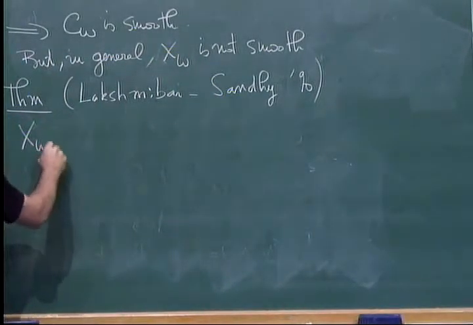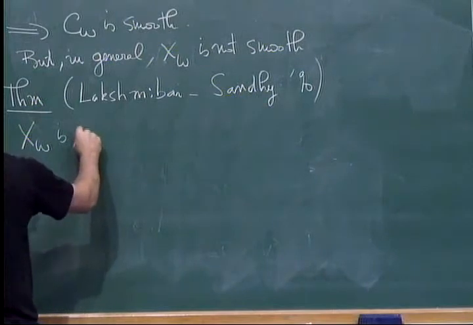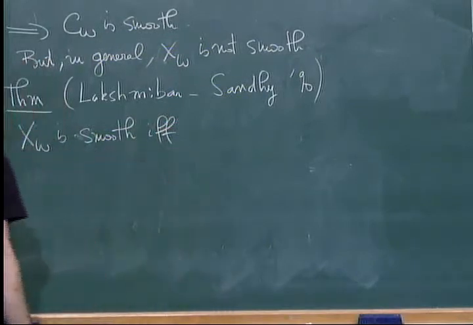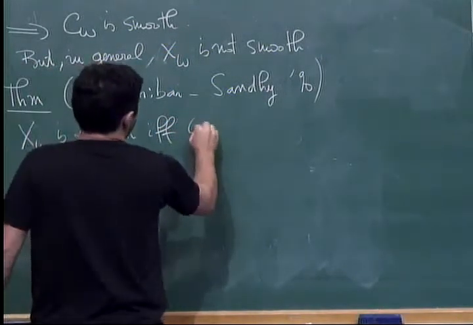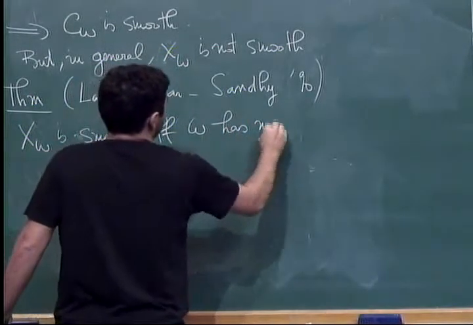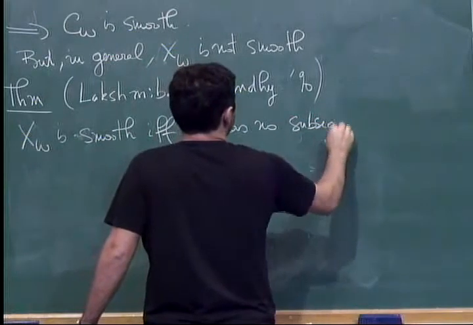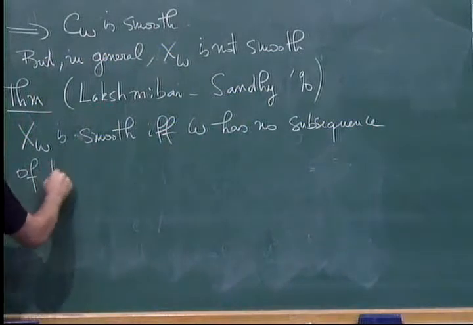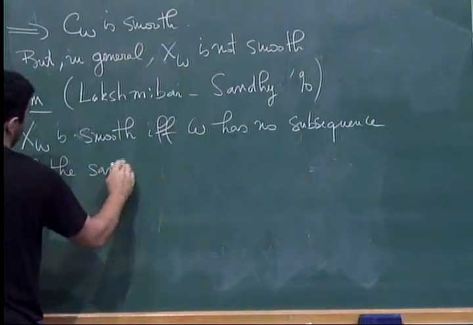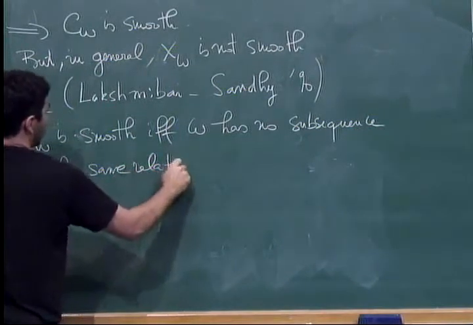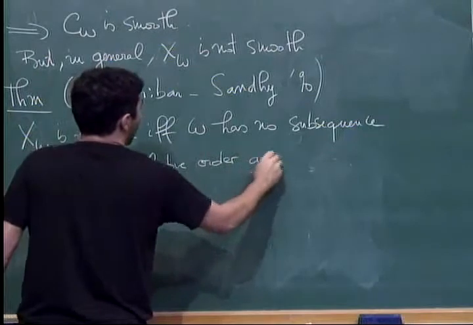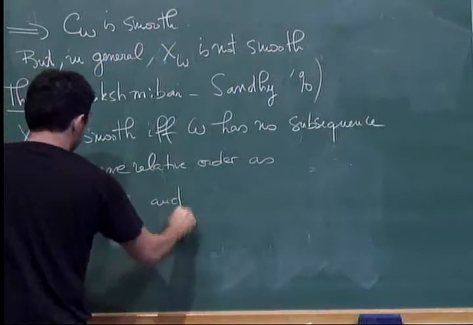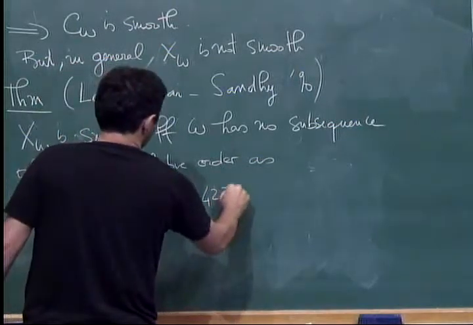And the condition is the following: X omega is non-singular, so it is smooth, if and only if omega has no subsequence of the same relative order as 3, 4, 1, 2 and 4, 2, 3, 1.